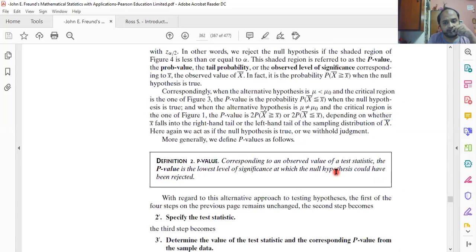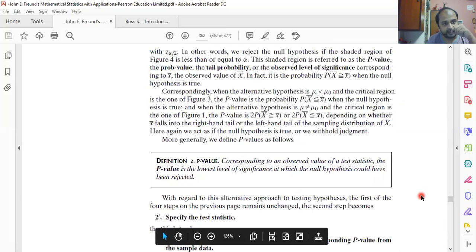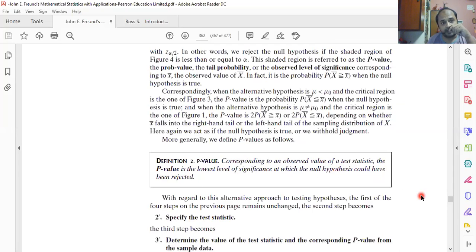Corresponding to an observed value of a test statistic, the p-value is the lowest level of significance at which the null hypothesis could have been rejected. Now the p-value gives you a kind of level of significance.